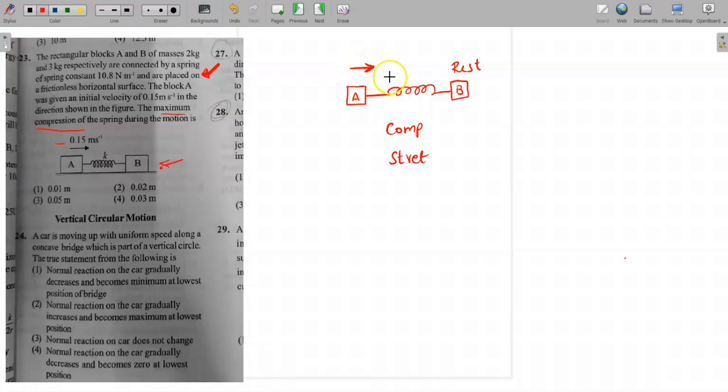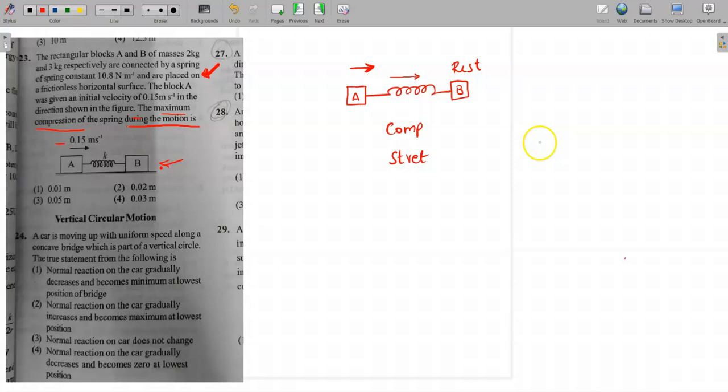At this time, this will compress the maximum. Maximum compression will be there. That is before motion of these two objects. In this question, they say the maximum compression of the spring during the motion. Okay, which means block A collides with block B and both of them are moving in the same direction.